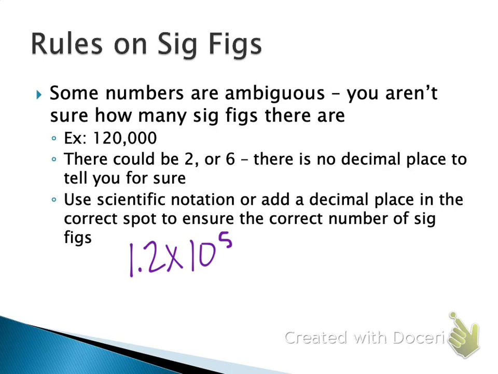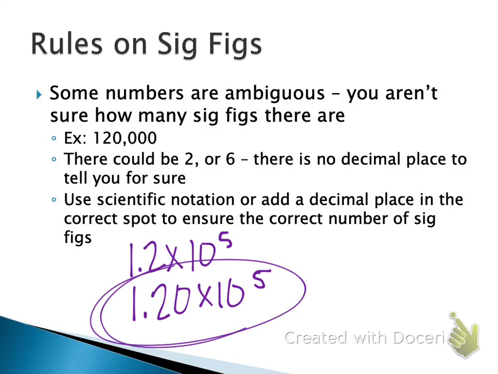You're right, that's not 3 significant figures. That's only 2. So what do I need to have? 1.20 times 10 to the 5th. This is my correct answer. Thank you for catching that. 1.20 times 10 to the 5th is my correct significant figures and correct scientific notation.